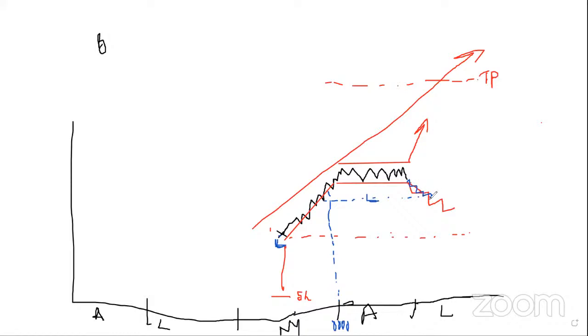If it's broken upper, my name for it is manipulation, but we call it the London break. It is the London break.